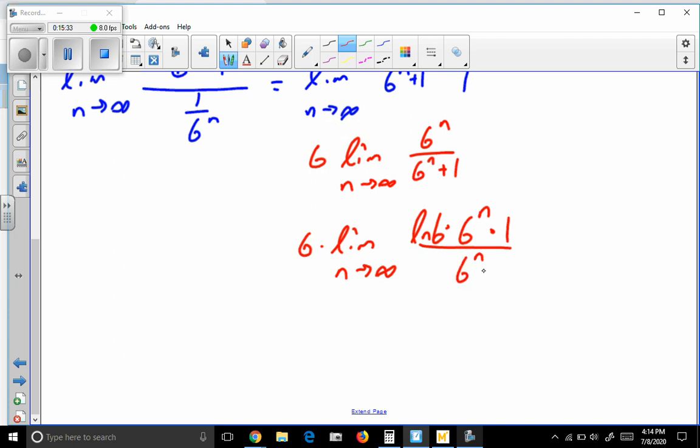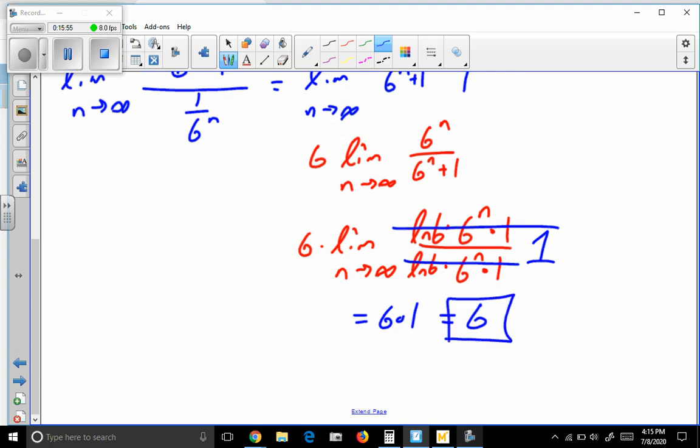The derivative of 6 to the n is 6 to the n times the derivative of the exponent times natural log of the base, and then the derivative of 1 is 0. Well, we have the same thing on top and bottom, which makes 1. The limit as n goes to infinity of a constant is just that constant, so we get 6 times 1, or 6. So our limit exists.